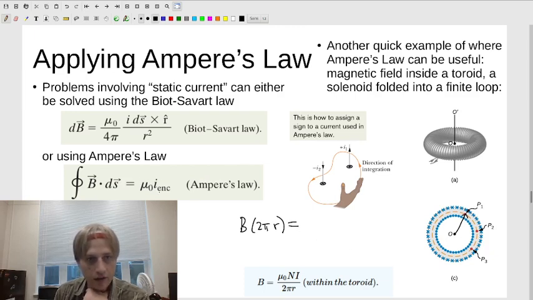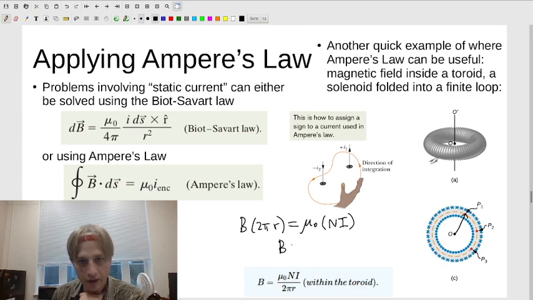And here, my I enclosed would be mu naught times however many wires I have right there, so N times I. Then I can find out what my magnetic field is at a particular radius.